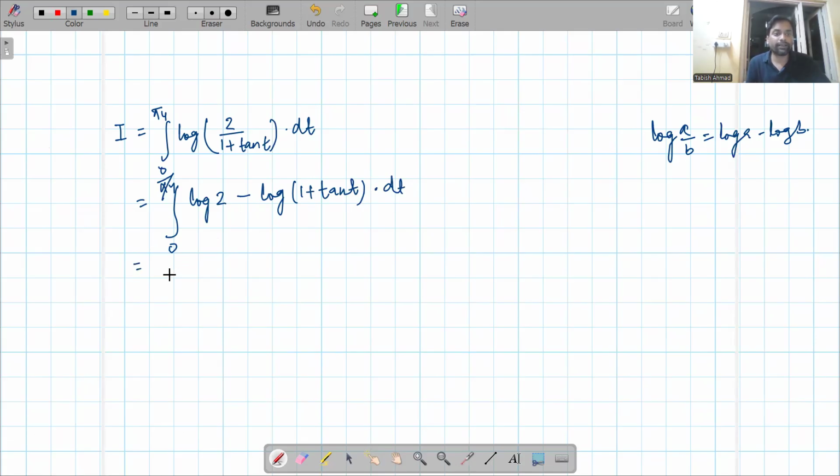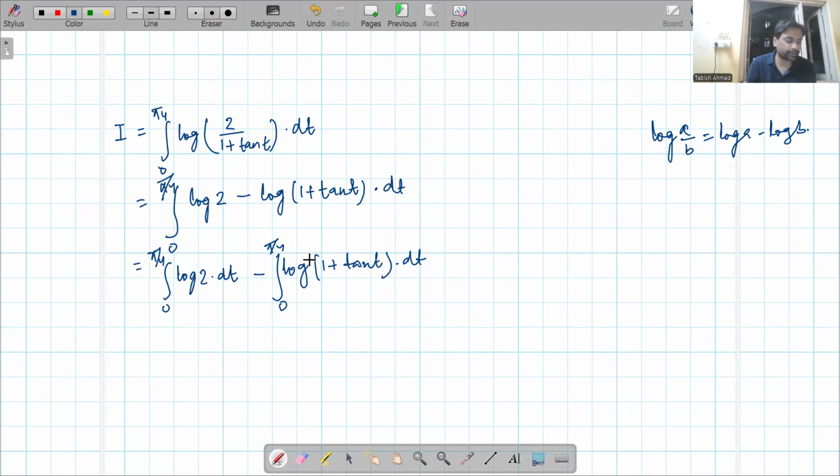Now you can separately do this. So the integral from 0 to pi by 4 of log 2 dt minus the integral from 0 to pi by 4 of log of 1 plus tan t dt. If I ask you what is the integration of log 2?